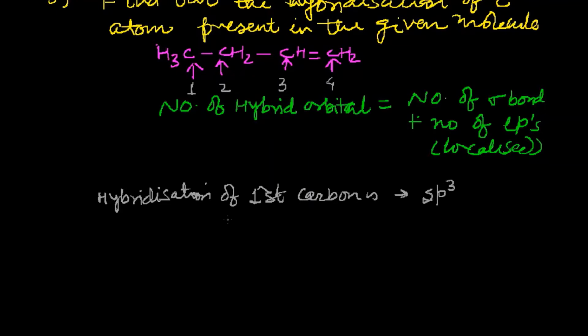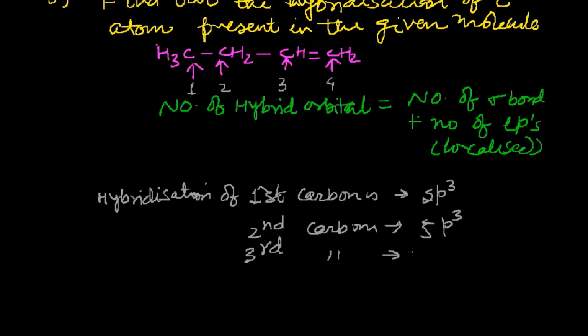sp3. Whereas for the second carbon atom we can count it again, and so we found that it has 4 sigma bonds, so again it is sp3. And for third carbon, how many sigma bonds are there?